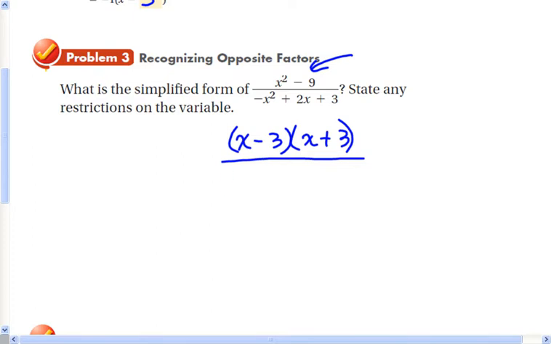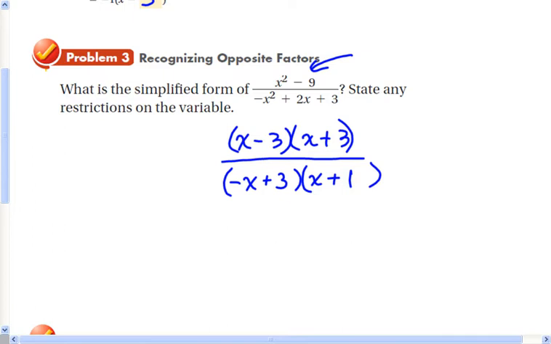We need two numbers multiplied together that equal -x squared, so that would look like that. And then we need two numbers multiplied together that give us 3, and the sum of those two numbers has to equal +2. So that would look like this, the opposite of x plus 3 times the quantity x plus 1.